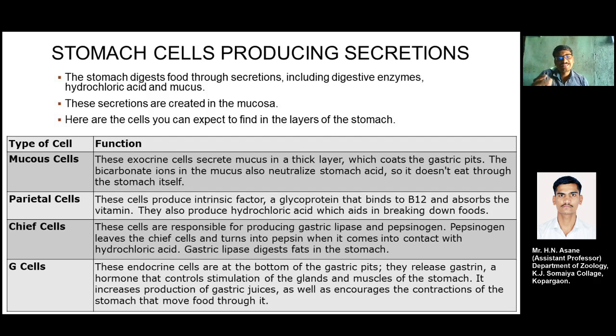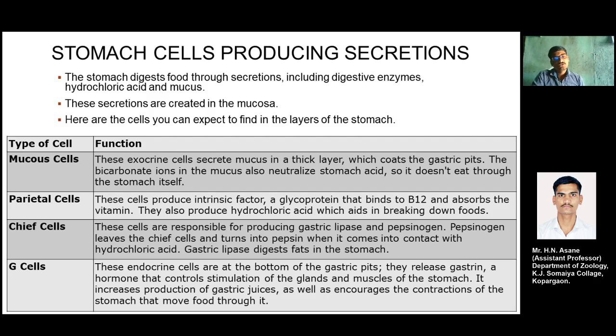Then there are the chief cells. These cells are responsible for producing the gastric lipases and the pepsinogen. This pepsinogen is then converted into pepsin by binding with some particular type of enzymes, and that is going to digest the meat.